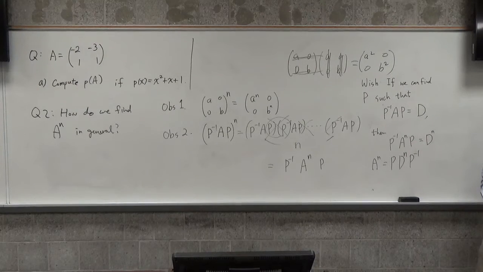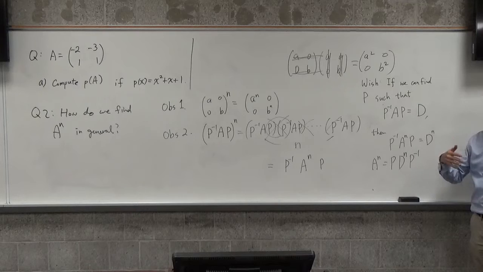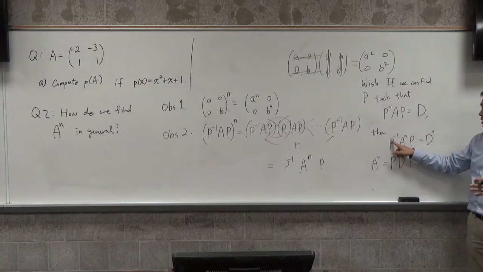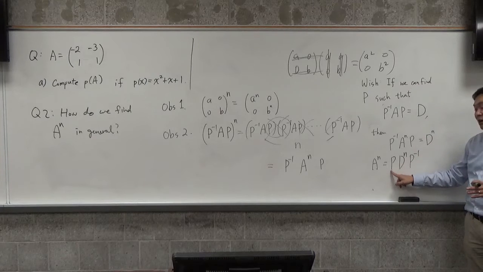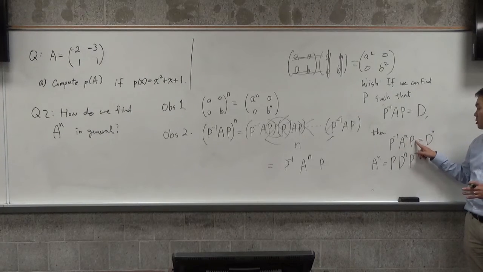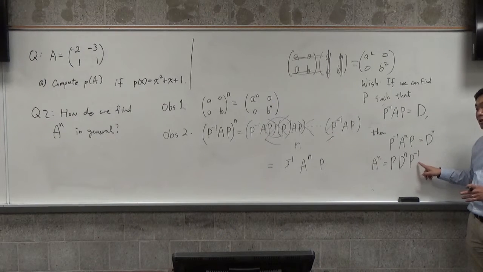It's like that, okay? Oh, one thing that you have to be careful about is that when you multiply matrices, you have to be aware of which side you're multiplying. So to cancel P inverse, you have to multiply P on the left side, right? So your P has to be on the left side. To cancel this P, you have to multiply P inverse on the right side.